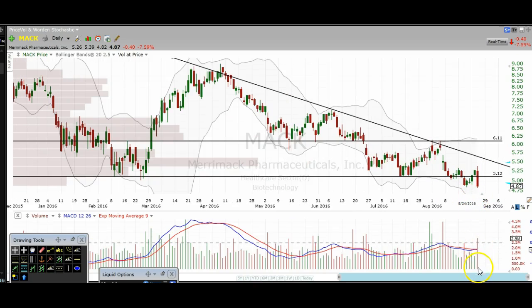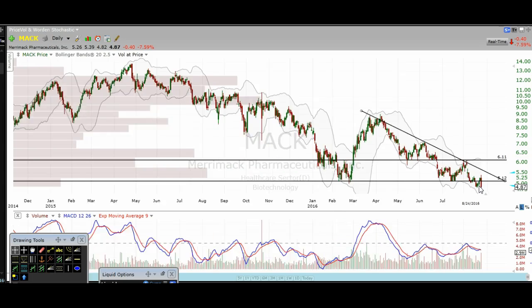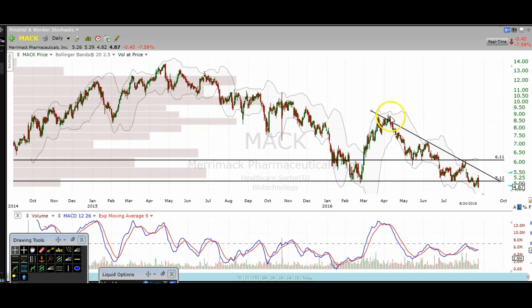And you see today's action saw above average volume as we broke lower on this, not quite a bearish engulfing candle, but pretty much. So really, I'm not really interested on the long side for this stock. There's also another downtrend line that you can probably draw.